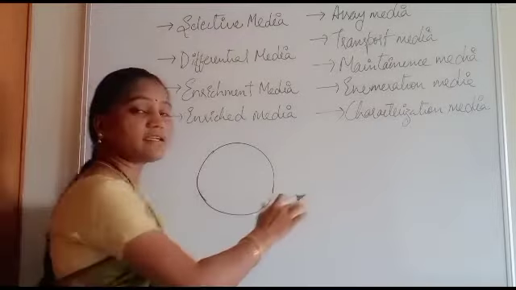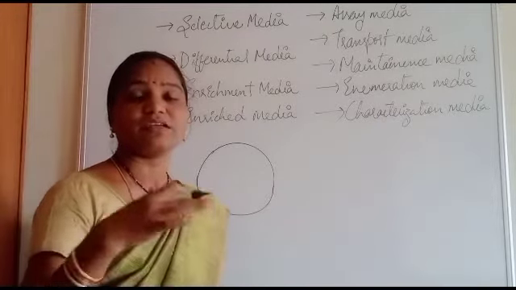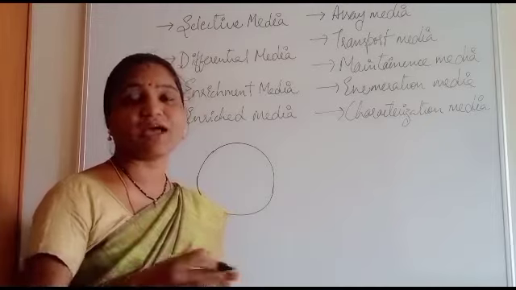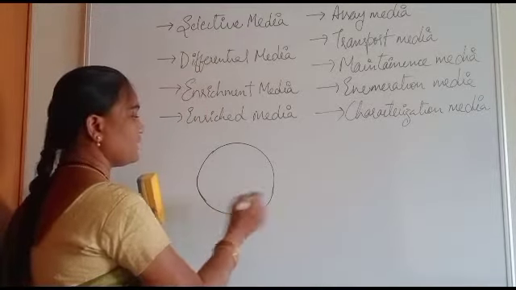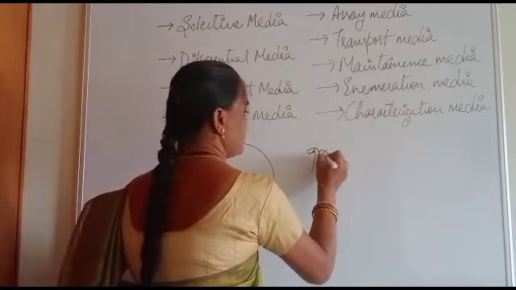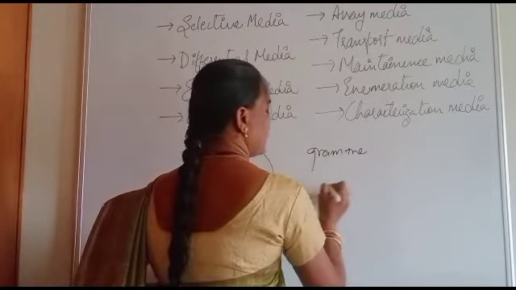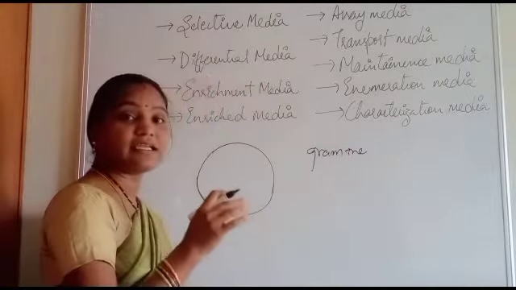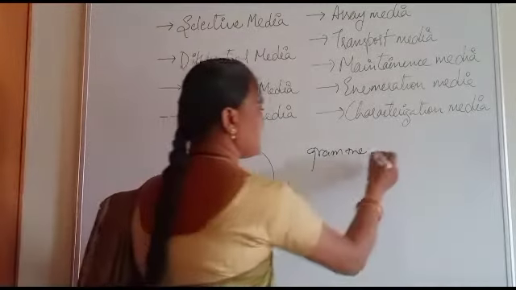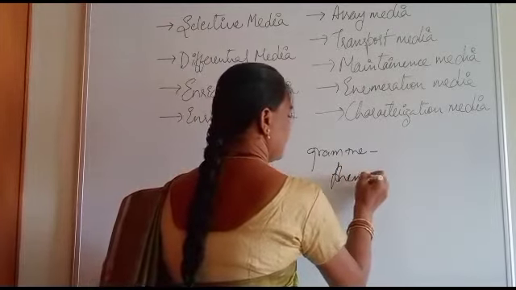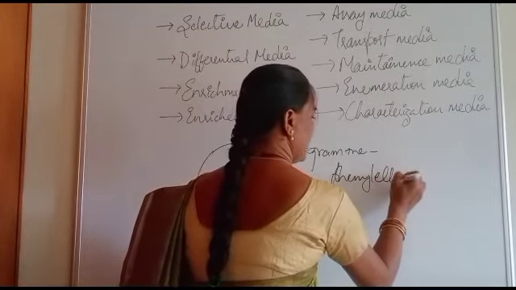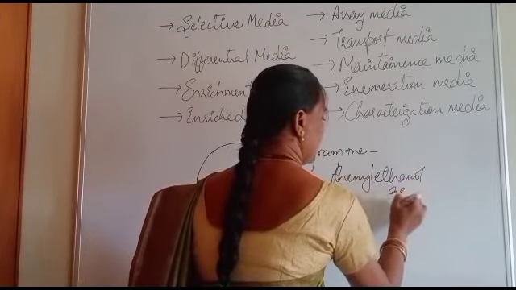A pure culture contains many colonies of a specific type of bacteria, isn't it? So here, assume that gram positive bacteria can be easily selected when grown in a media containing phenyl ethanol agar.